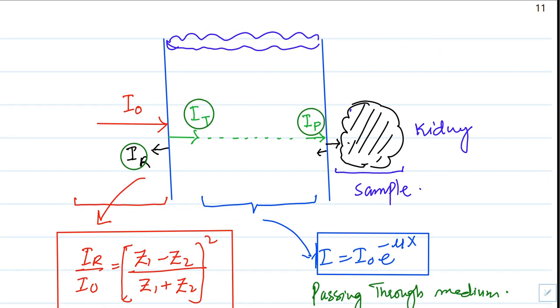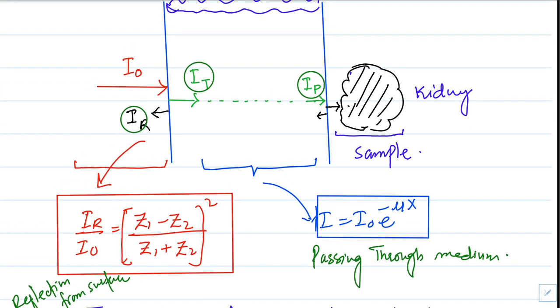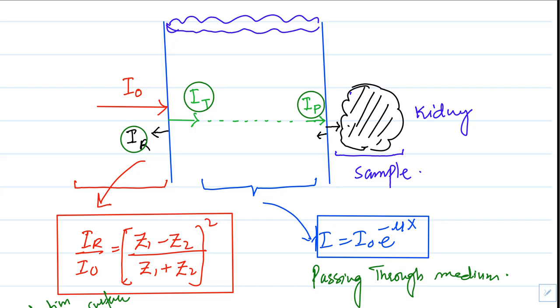So for example, this is a very important slide. This is a lump of skin. Some ultrasound has been incident over here. From the skin and gel boundary, some of the ultrasound is reflected and some is transmitted.